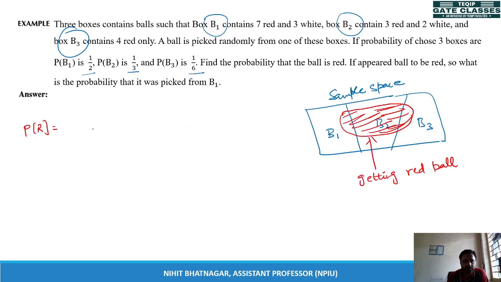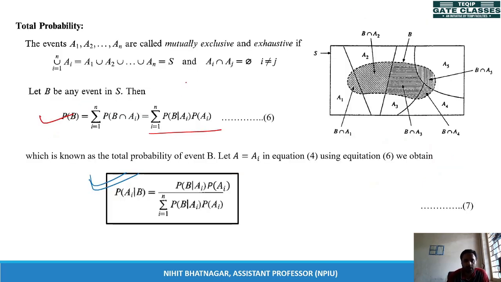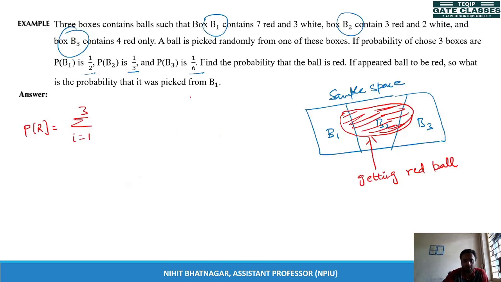So it is the summation i equal to 1 to 3 because there are three boxes. The probability of getting a red ball from box Bi and the probability of Bi.